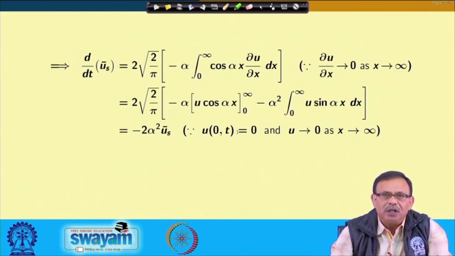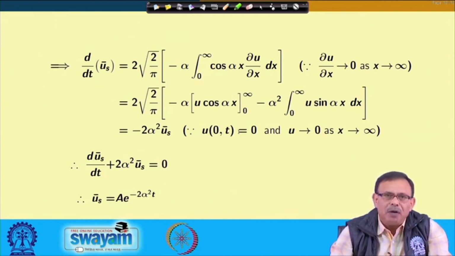Therefore, the first term vanishes, and for the second term the integral is nothing but u bar s, so it becomes minus twice alpha square into u bar s. So, your differential equation now becomes d u bar s dt plus twice alpha square u bar s equals 0, and its solution is u bar s equals a e power minus twice alpha square t. So, you are converting the PDE into an ODE using the Fourier sine transform.